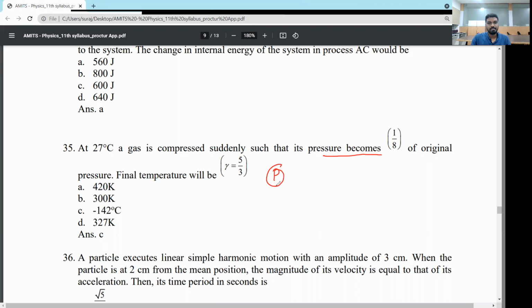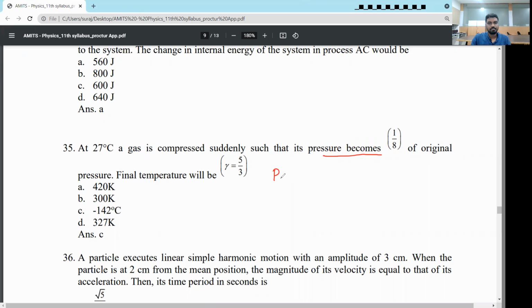Original pressure, let's say P. P1 is given as P. P2 is given as 1 by 8 of the original pressure. Gamma is given as 5 by 3.